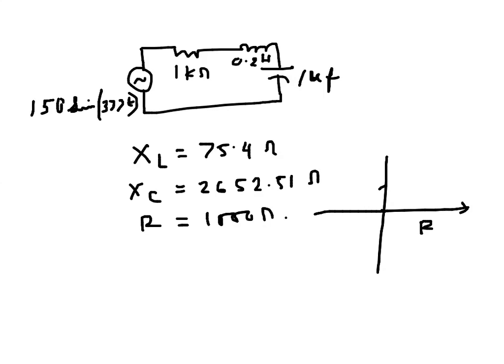In Cartesian coordinates, this is XL, and this is the imaginary axis, plus j and minus j, and this one is XC.